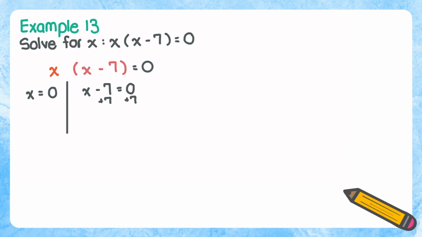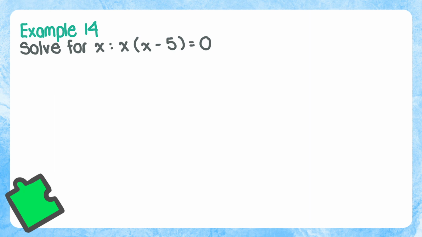So I'm going to add 7 to both sides, and I'm left with x equals 7. So we still get two solutions, either x equals 0 or x equals 7. X equals 0 is still very much a solution, so please make sure you're writing down both solutions.